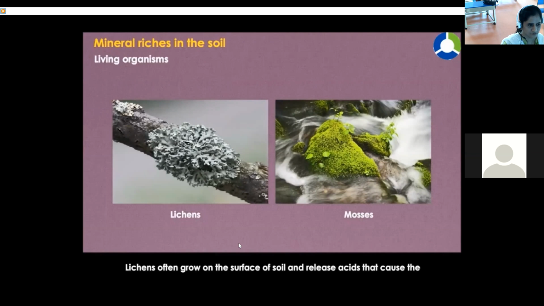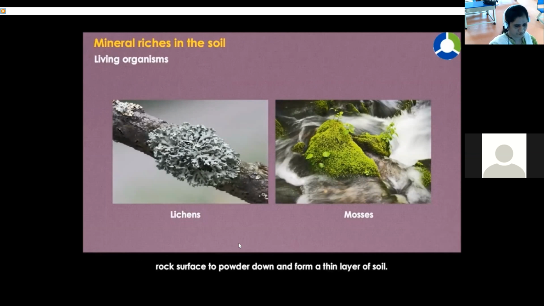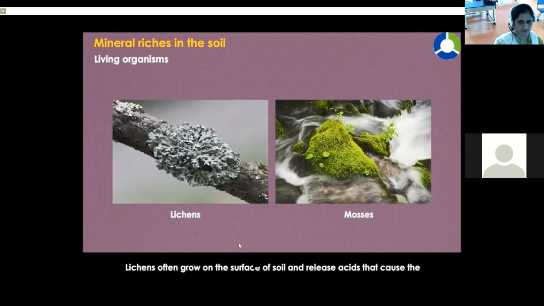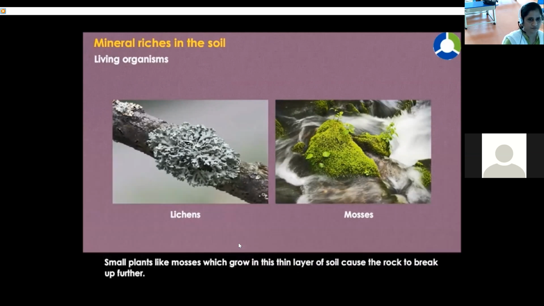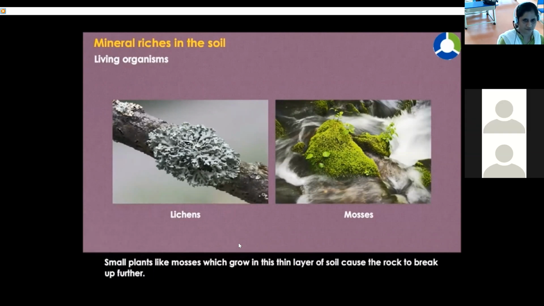Lichens often grow on the surface of rocks and release acids that cause the rock surface to powder down and form a thin layer of soil. Small plants like mosses, which grow in this thin layer of soil, cause the rock to break up further. The roots of shrubs and trees may grow into the cracks in the rock and break it into smaller pieces.